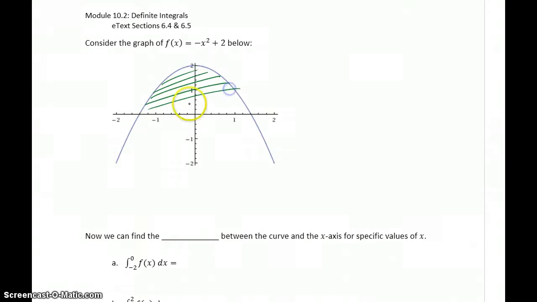So the region between the curve and the x-axis here would be positive. And then if we consider from negative 2 to negative 1.5, here we have a negative area, since that space between our curve and the x-axis is below the x-axis. And again, we have the same thing occurring from positive 1.5 to positive 2.